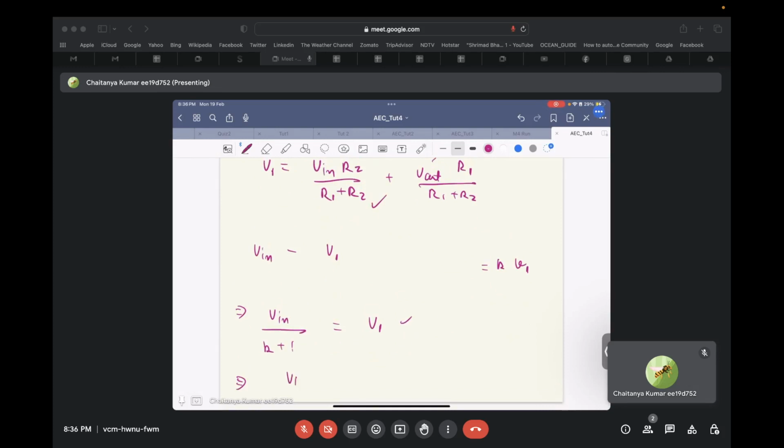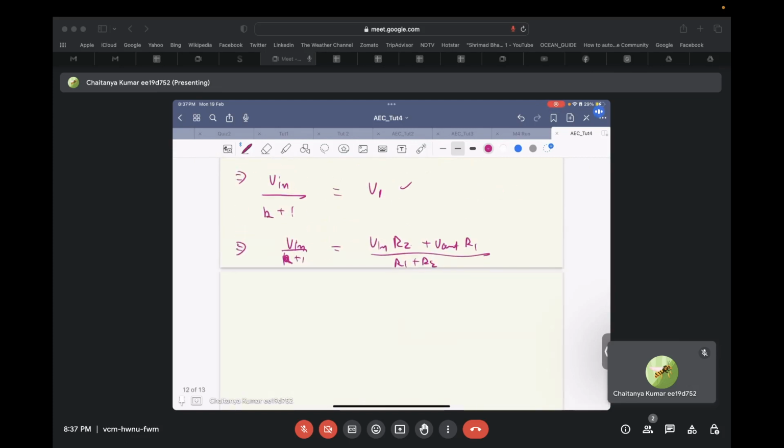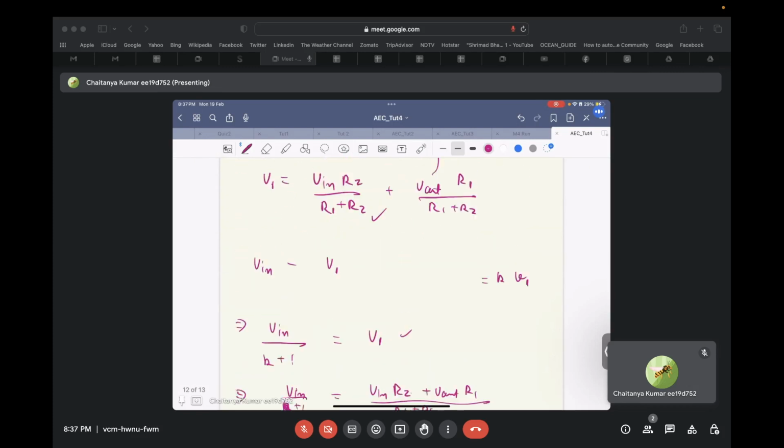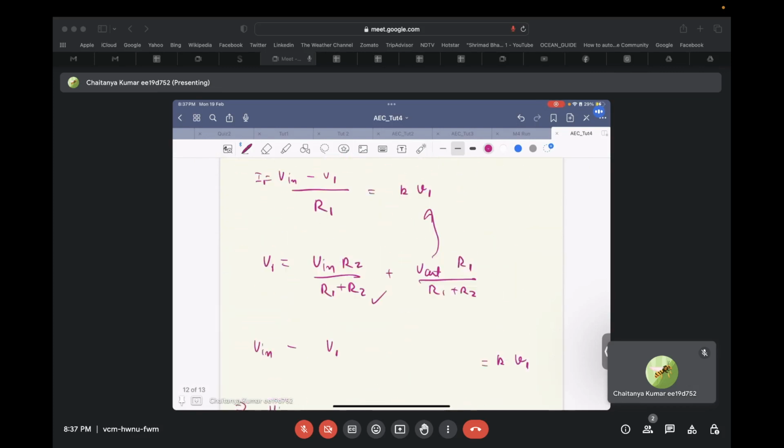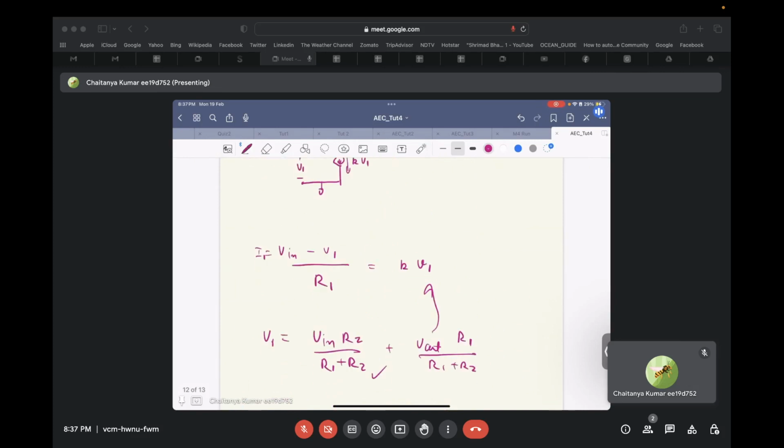That implies Vin upon K plus 1 is equal to Vin R2 plus Vout R1 divided by R1 plus R2.